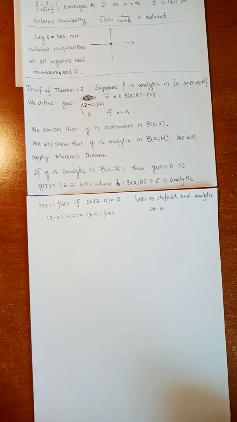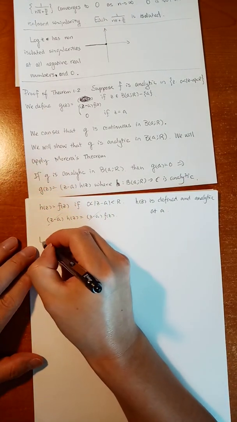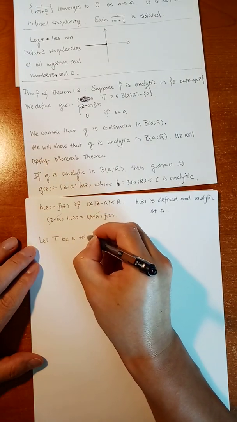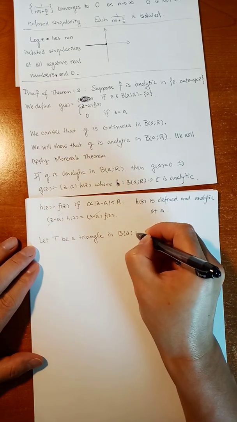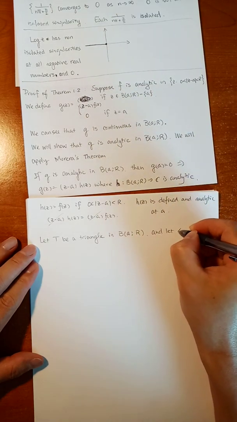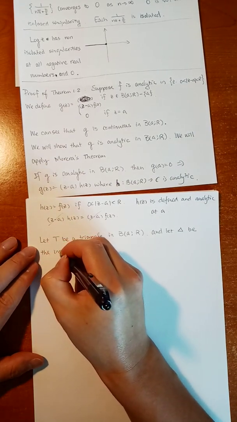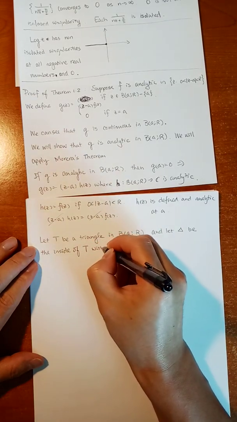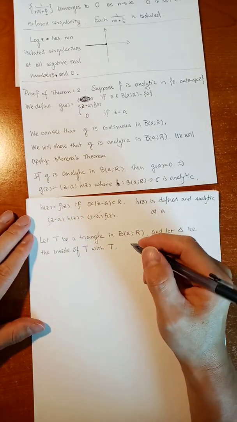Morera's theorem. Check here. We have an open disk, so it's a region. So let T be a triangle in this disk, and let delta be the inside of T. So basically, we just have the triangle and include the interior part.